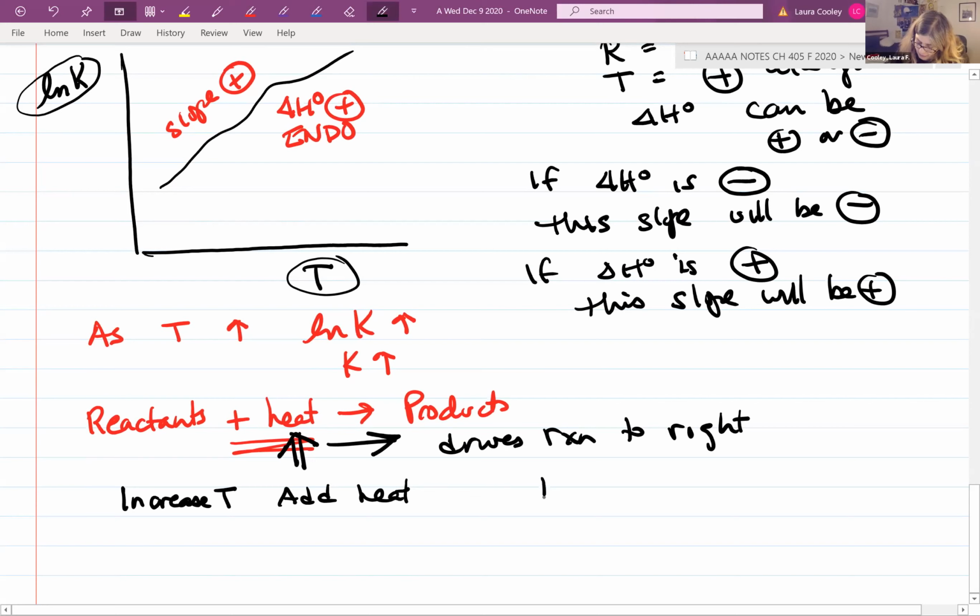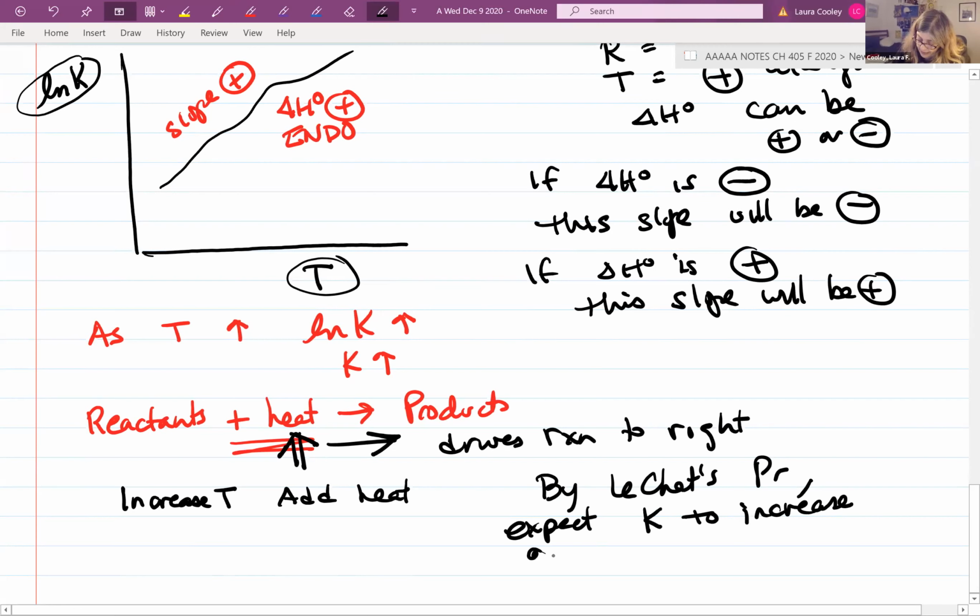So by Le Chatelier's principle, we expect K to increase as the temperature increases for a positive delta H.